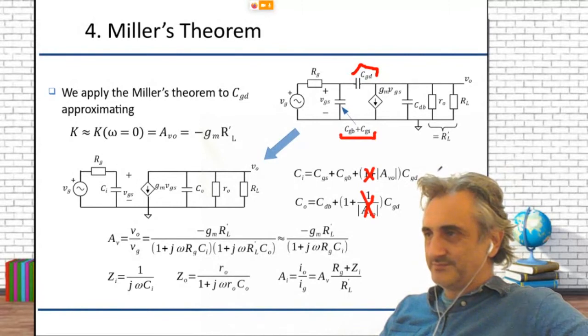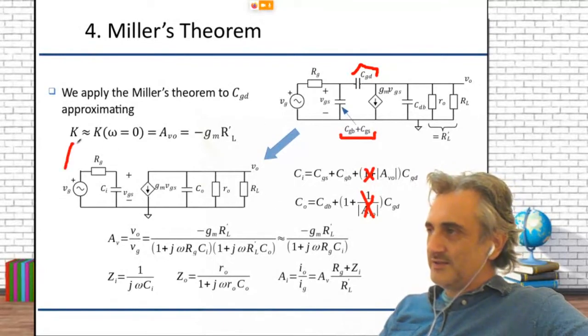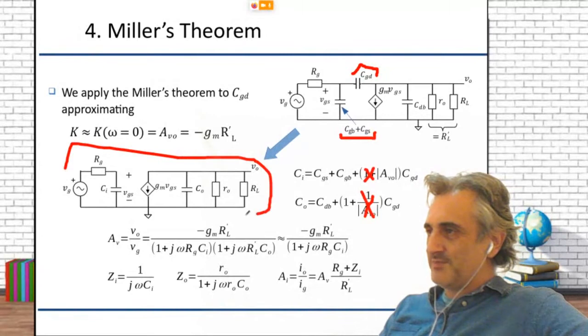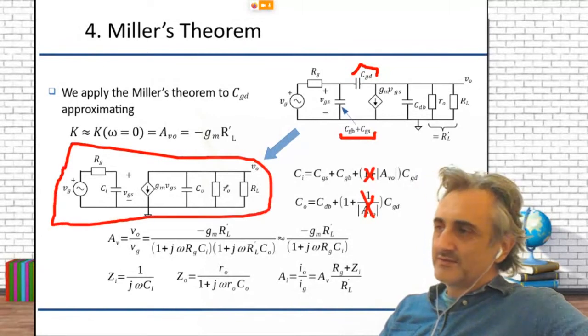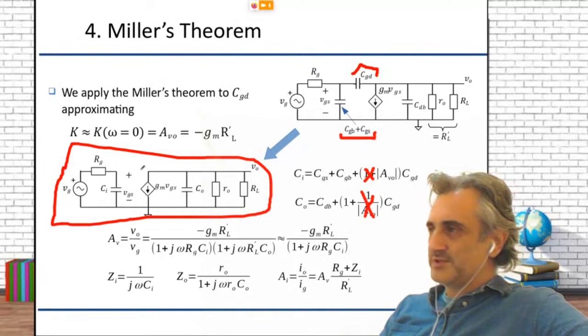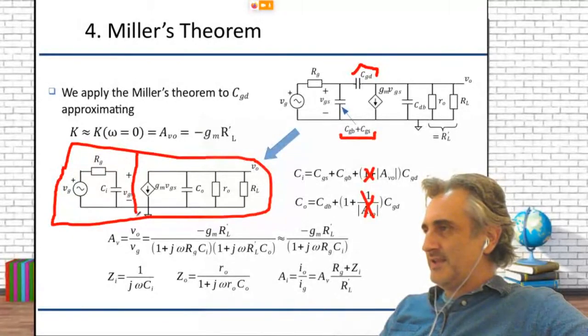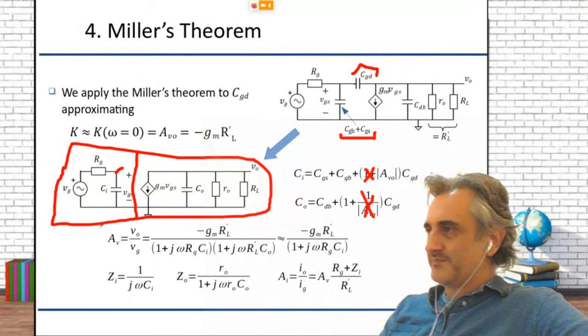So what we get is that the gain finally is calculated using this approximation, this approximate circuit constructed by using Miller's theorem. So we separate both of them in two parts, and we calculate easily the output, this voltage here.